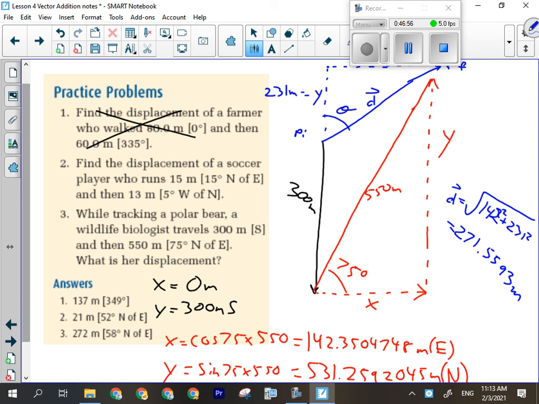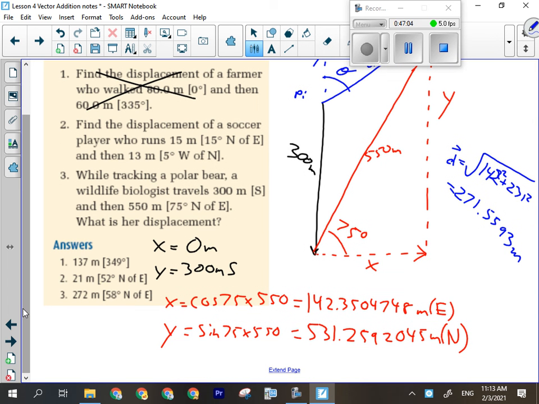I still need to know the angle, right? The way I drew this triangle, my x component, the 142, is opposite, and my y is adjacent, so I'm going to find it using tan. So theta will be tan to the minus 1 of the opposite side, which was 142, divided by the adjacent side, which was 231.